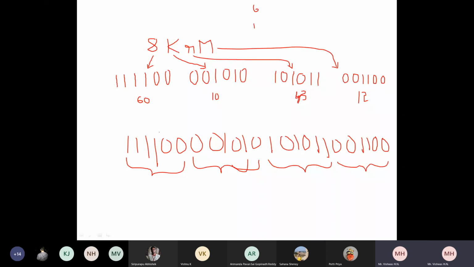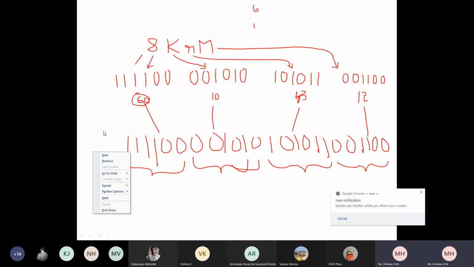So what is this value? This value is 60, this value is 10, this value is 43, this value is 12. And what is the equivalent representation for 60 in radix 64? For 60 it is 8, for 10 it is K, for 43 it is r, for 12 it is M. That is how the other way mapping will be done, and radix 64 conversion will happen like this.